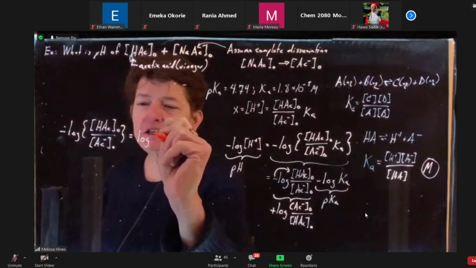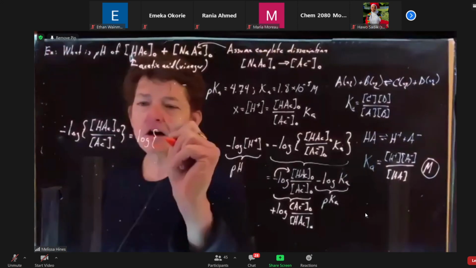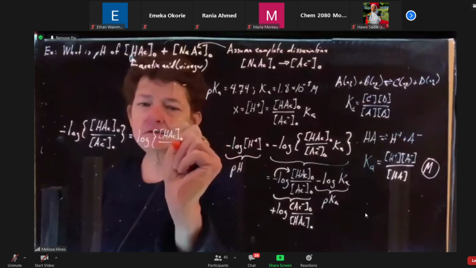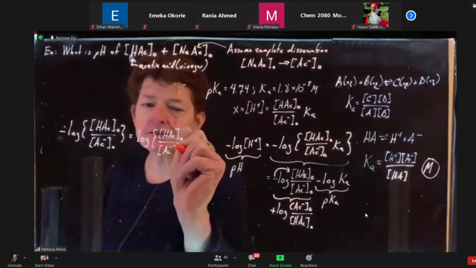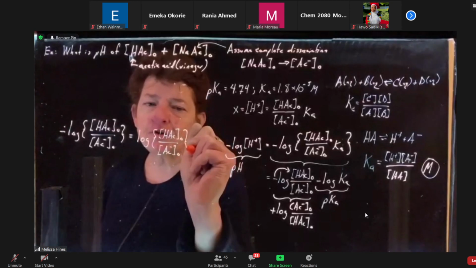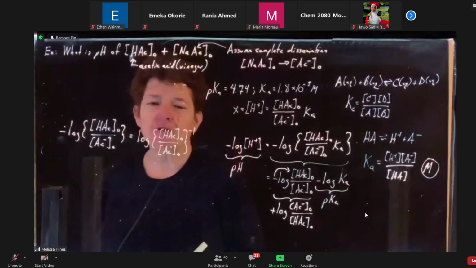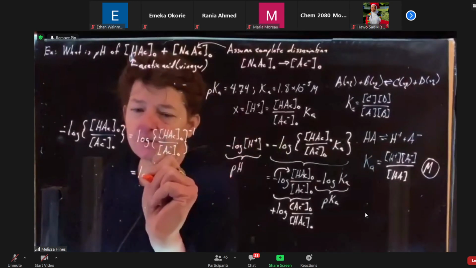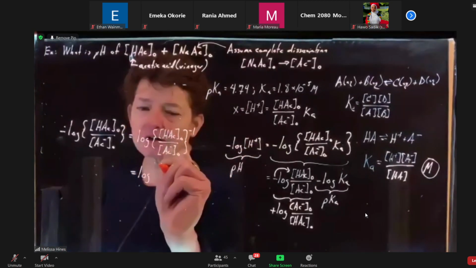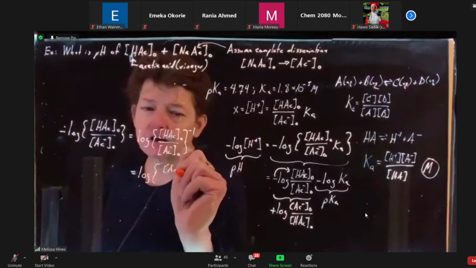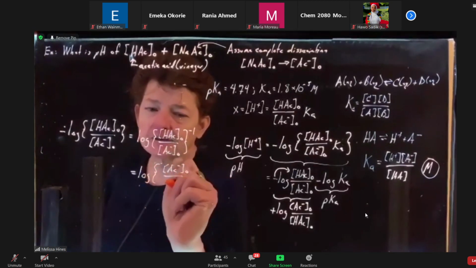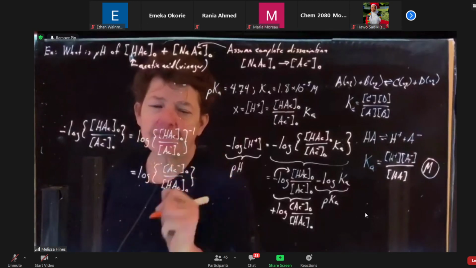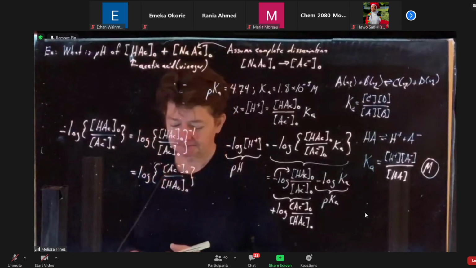So this is equal to the log of the concentration of acetic acid divided by the concentration of acetate ions, this whole thing raised to the -1 power. But if I raise it to the -1 power, I'm just flipping it upside down. So this is equal to the log of the concentration of acetate divided by the concentration of acetic acid. Does that make sense? Yeah, thank you.